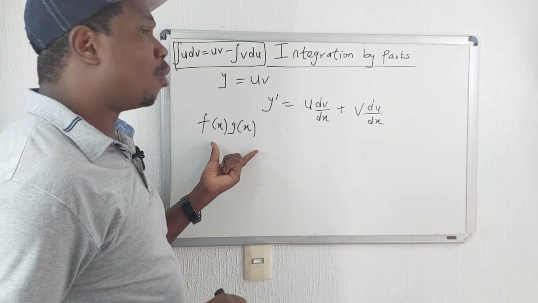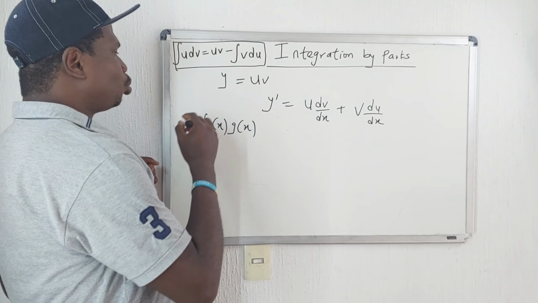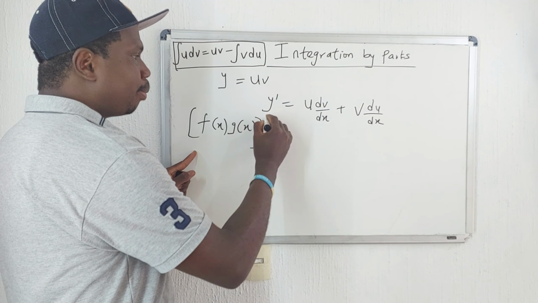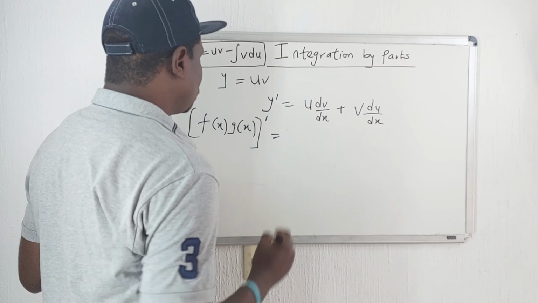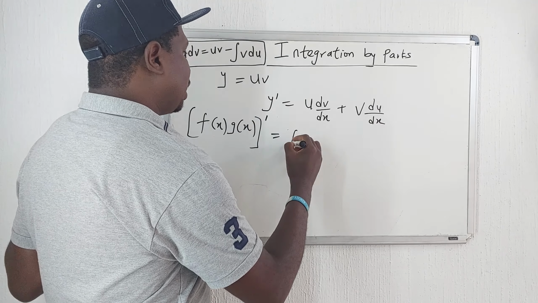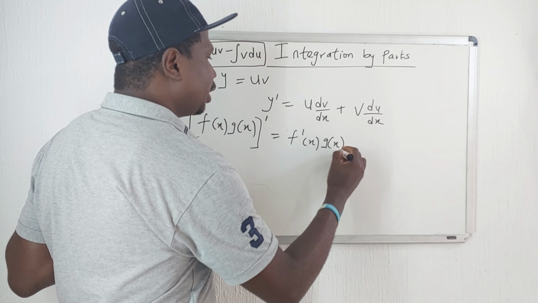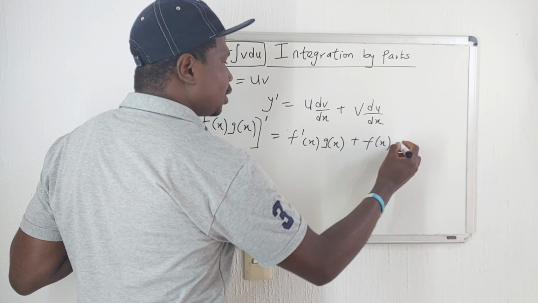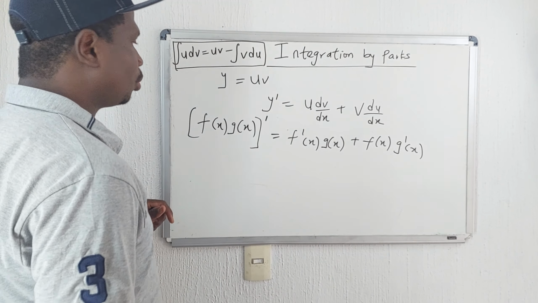This is what we want to arrive at. So, if we want to solve this using this approach, you can say the derivative of this one is prime. Now, when we put prime here, it's the derivative. So it equals what? f prime of x, g of x, plus f of x, g prime of x.